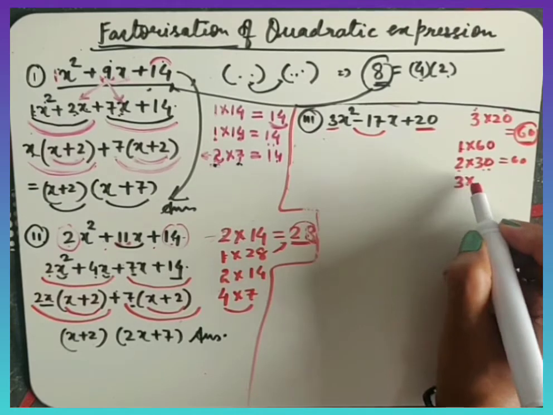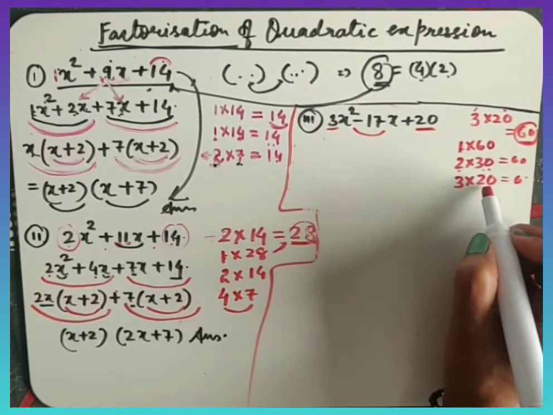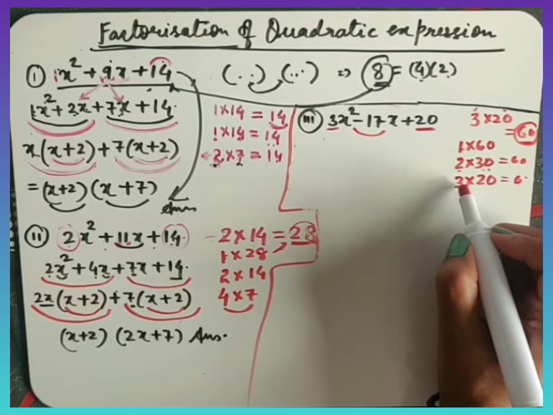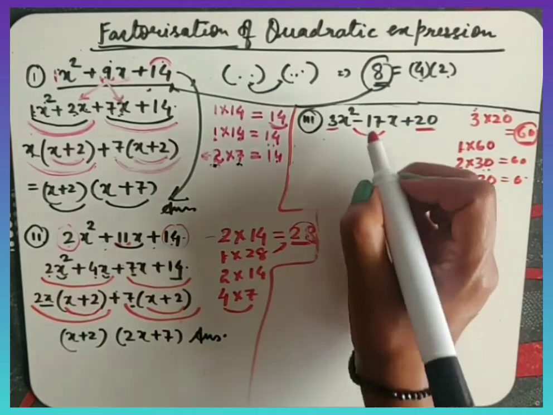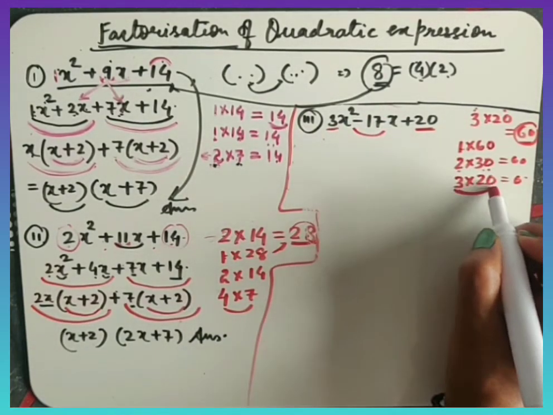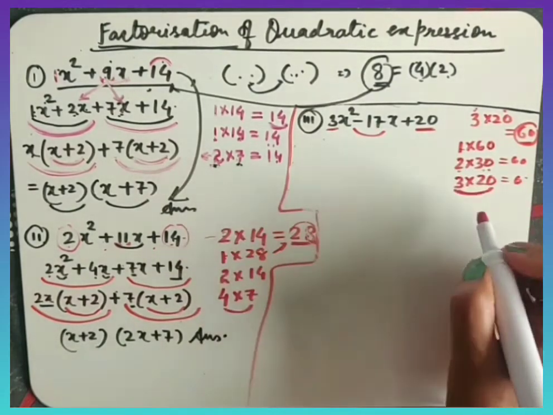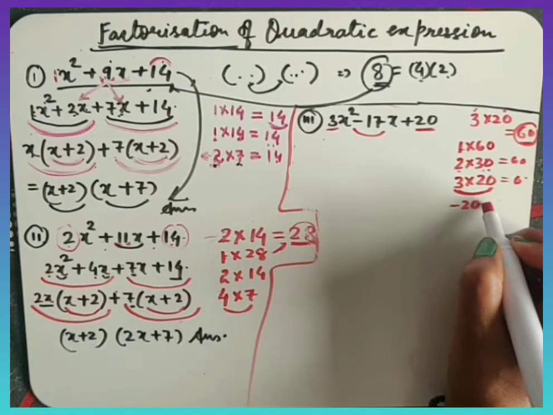Now 3 multiplied by 20 will give you 60. But I can see if we subtract 3 from 20, it will give 17. Let's see if we can combine them in a way that gives minus 17. I can check here minus 20 and plus 3.